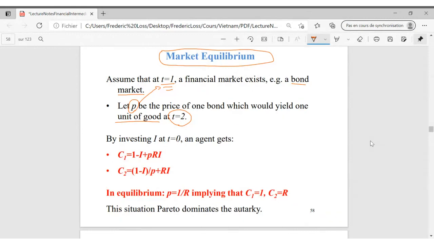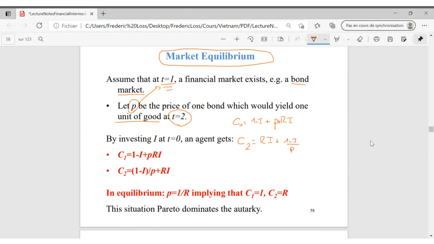So now consumption at t equals 1 is the amount which was initially stored from t equals 0 to t equals 1, plus the amount I would be able to consume at t equals 2 that I am going to sell at t equals 1 at the unit price P. And if I consider C2, of course, I'm going to have R I plus the amount of money that I've got at t equals 1, which is 1 minus capital I, and I'm going to buy future units of consumption.